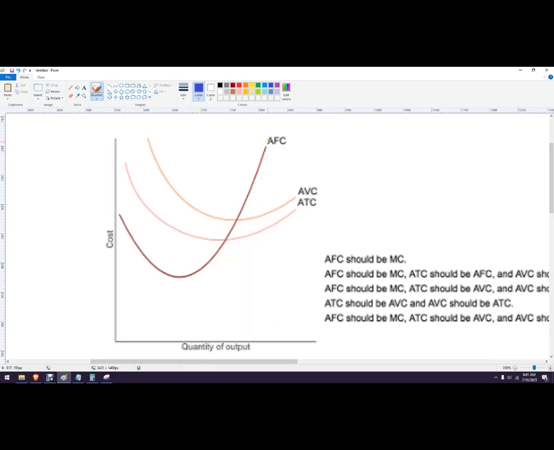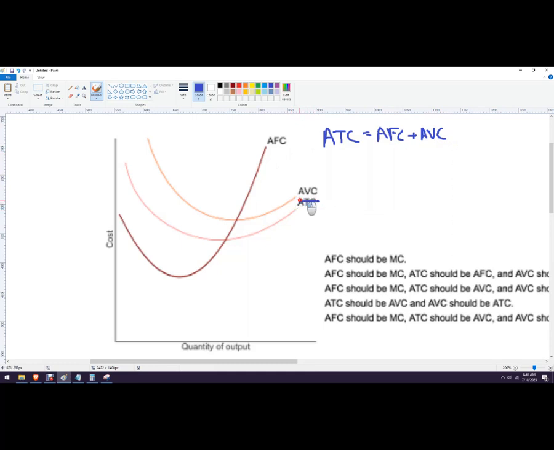Well, first of all, the average total cost is equal to average fixed cost plus average variable cost. So you can't ever have a situation where this or this are bigger than this.